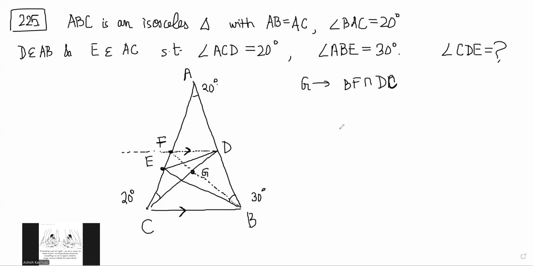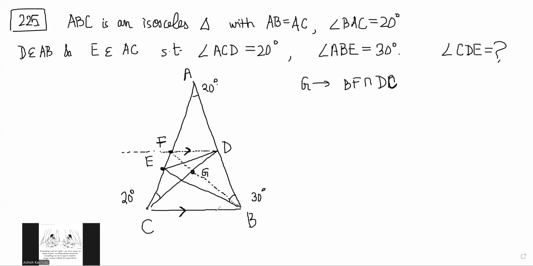Then look at the triangle DFG. First of all, because these are parallel, we already know that this whole angle was 80 and 80, right?